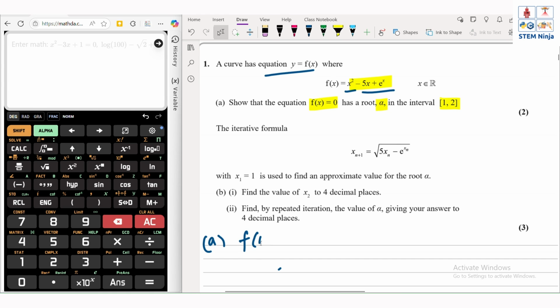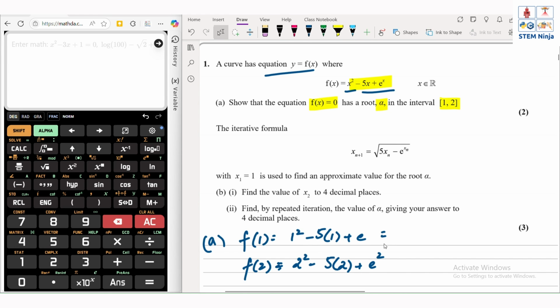So f of 1 is 1 squared minus 5 times 1 plus e. And f of 2 is 2 squared minus 5 times 2 plus e raised to power 2.